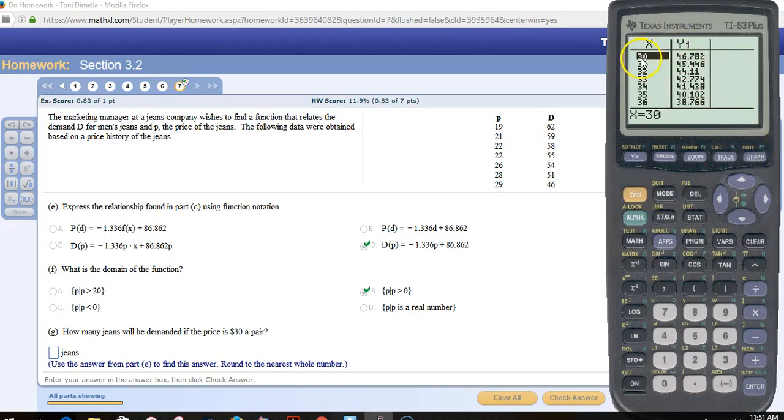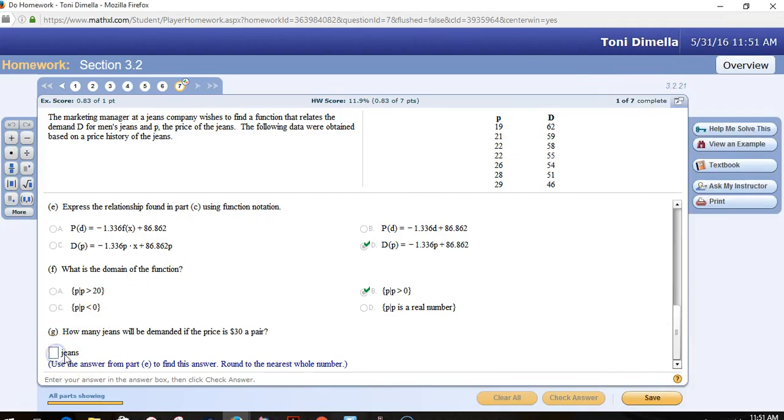And if my price is at 30, the demand would be 46, and they want to go to the nearest whole number because you can't sell 0.78 of a jean, 47 jeans. You would just plug in that X value. And that's how you use your line of best fit.